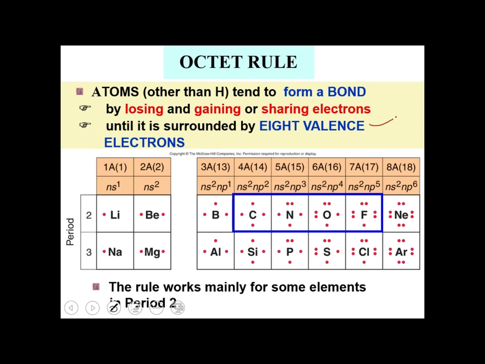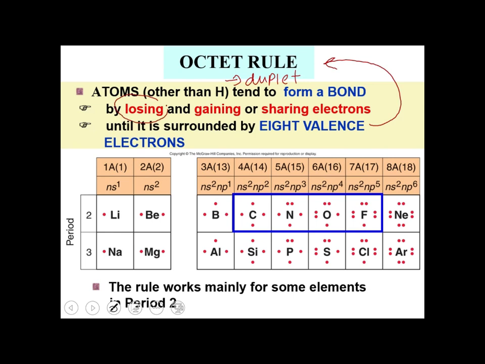Because they want to achieve this octet rule. They want to get 8 electrons around them. Other than hydrogen. Hydrogen only wants to obey duplet. So hydrogen duplet rule. Hydrogen can only take 2 electrons. Other than hydrogen, they want to have 8 electrons. So this is what you call the octet rule.